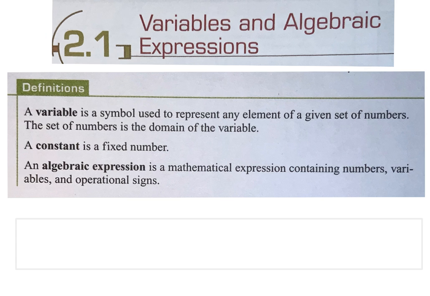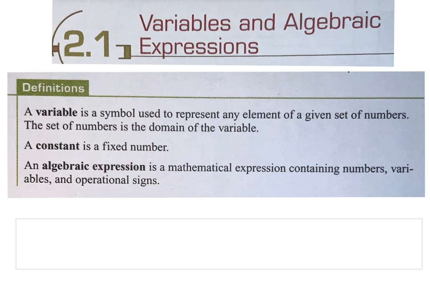But variables can be anything that represents this element, all right? Very often in standardized tests, they love to throw triangles and squares and everything else at you, and you have to figure out what number it represents. That is just a variable. They have just done it in geometric shape form instead of X, Y, or Z, okay? And so a variable is just a symbol used to represent a set of numbers.